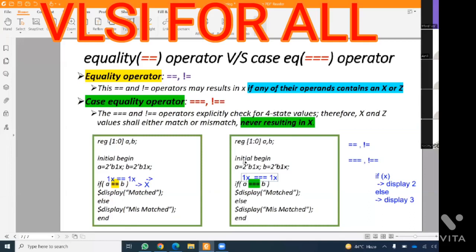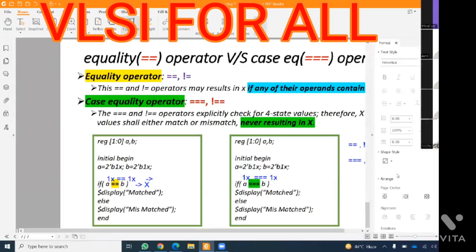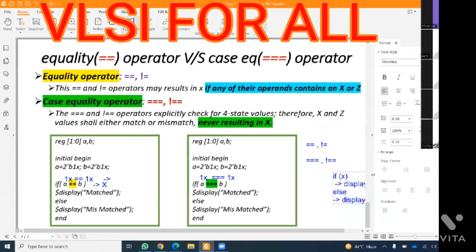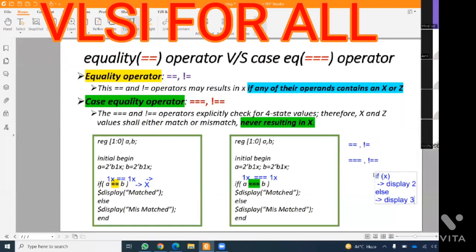Sir, can you explain the equality operator for this X? If X is displayed as 3, how is it possible? If maybe X is true, like for example 1, then it displays 2, right? Well, see, in this case, are we going to get a match or mismatch?